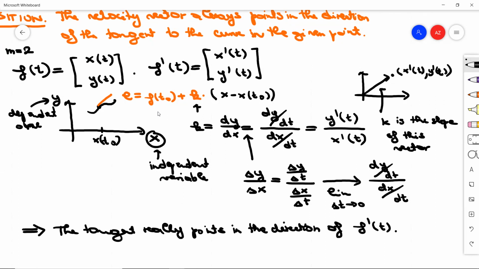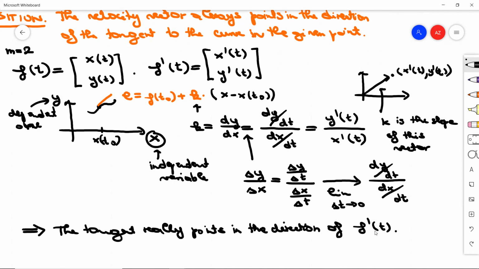I will have two questions. First, was this derivation clear? Okay, let's assume this was clear. So I was cheating a little bit here when I wrote that the tangent really points in the direction of f prime of t.